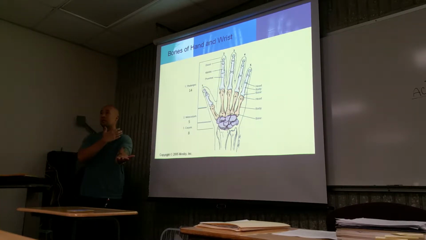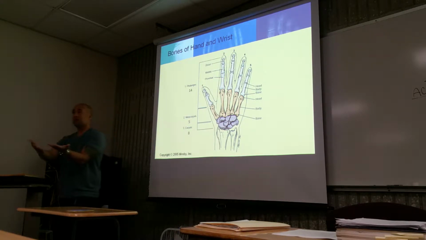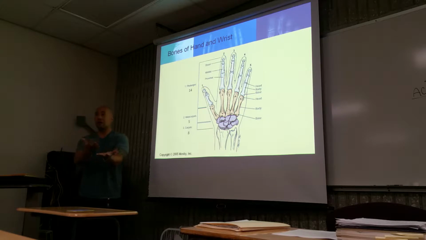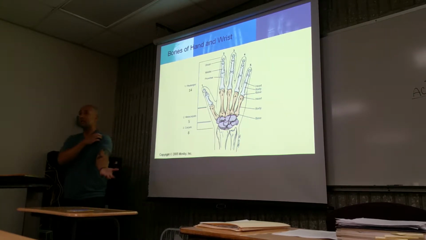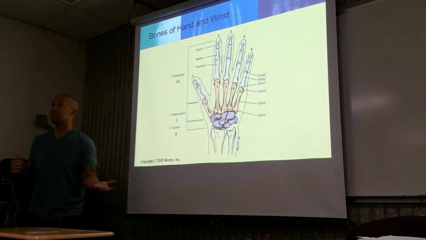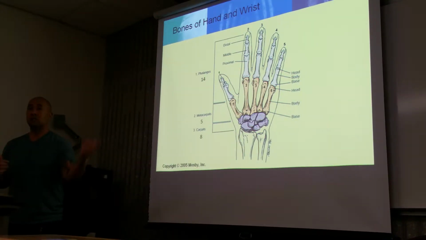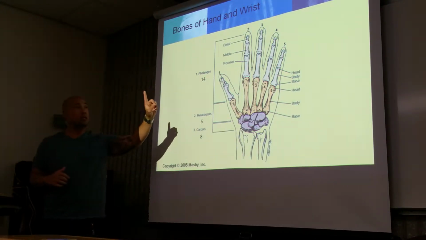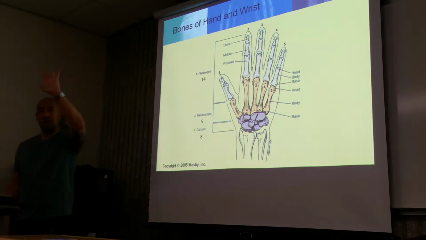Remember, we were discussing distal and proximal in our terminology a couple weeks ago? So proximal being close to the major point of attachment, distal being away from the major point of attachment. So the distal phalanx will be the tip of your fingertips, or the tufts of your fingers.